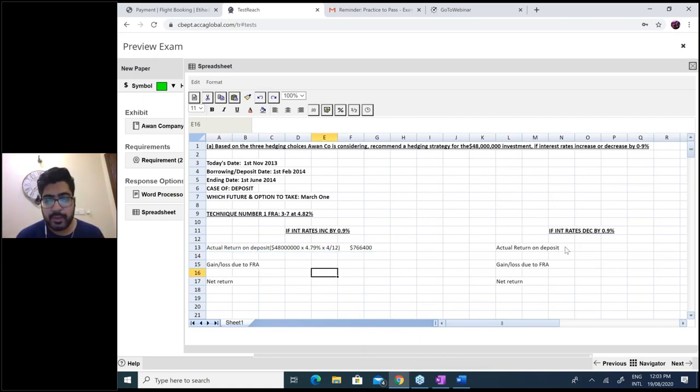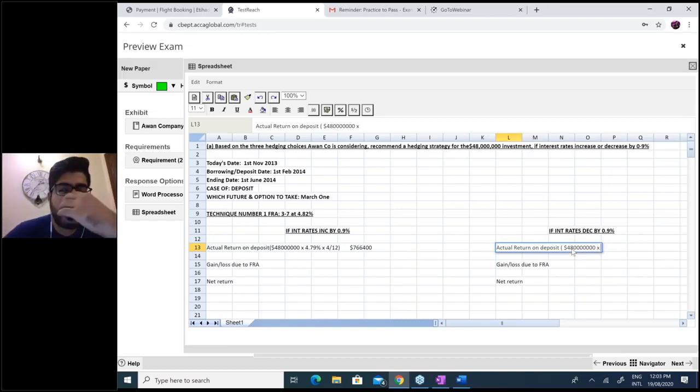Similarly, let's move here so that you get a sound idea. If the interest rate decreased by 0.9, how do you find the actual return on deposit? Take the amount. What is the amount? $48 million into the actual interest rate. Now you can invest funds at the interbank rate 4.09 less 0.2%, 3.89.